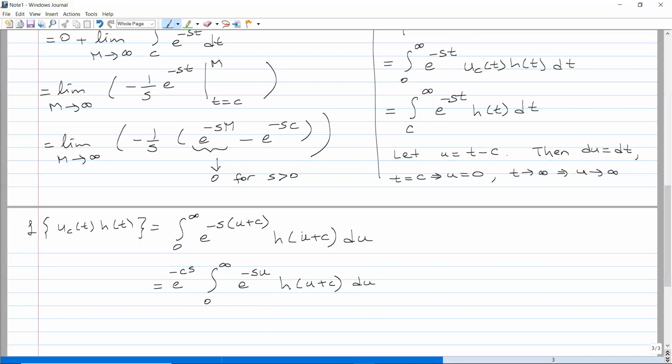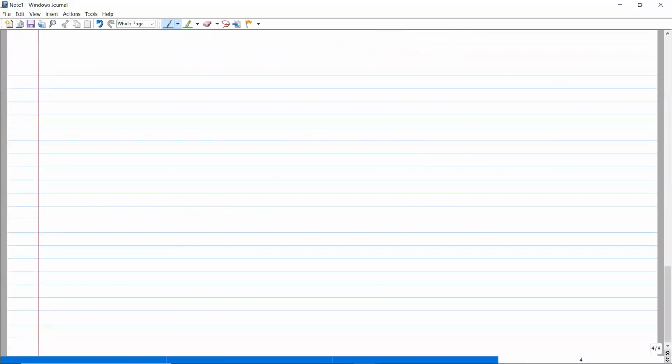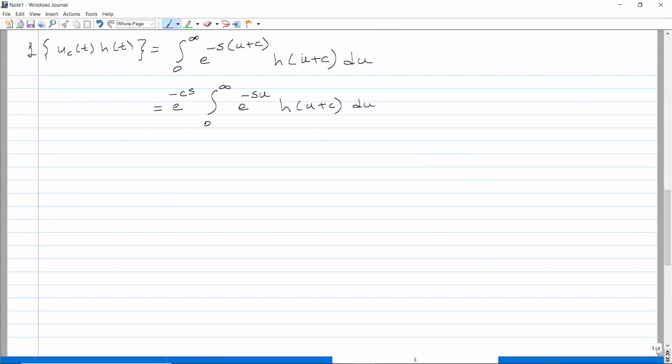Again, not quite. So we call this h of u plus c, we call it f of u. So let f of u be h of u plus c, so that, remember, u is t minus c, and u plus c is t.